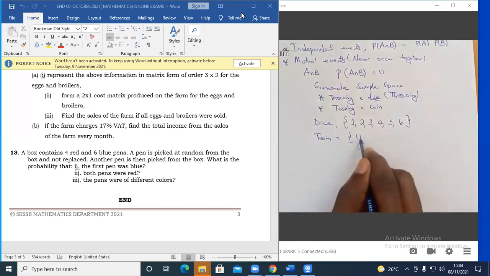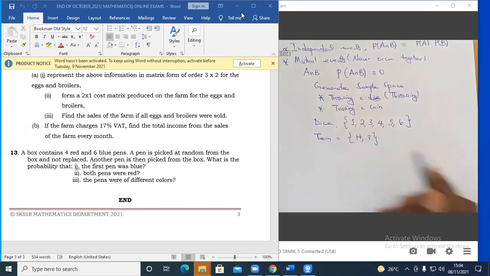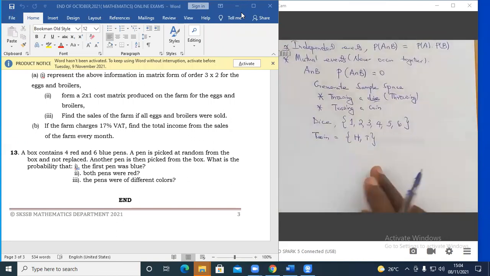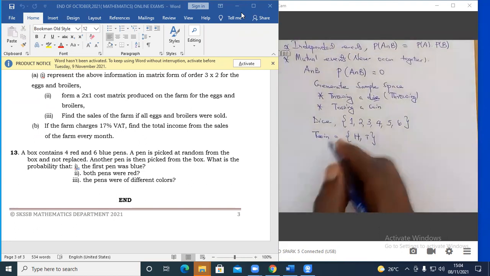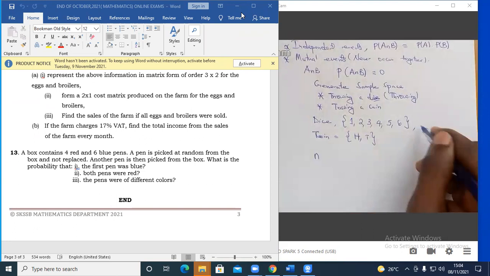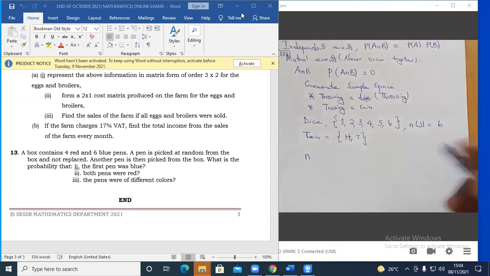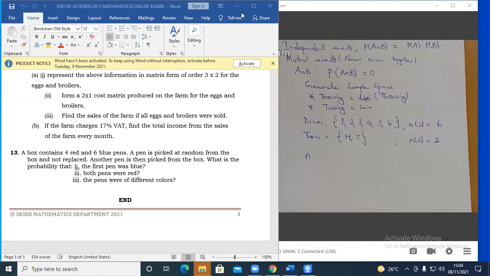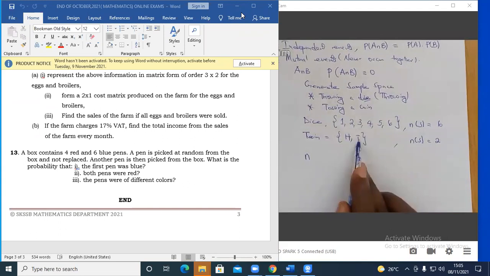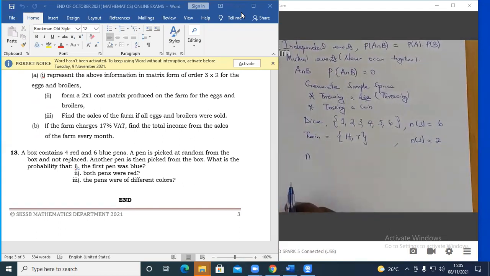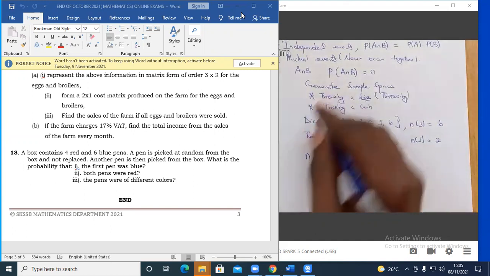A coin has only the head or the tail, so the number of sample space is 2. When you count them, there are 6 for the dice.